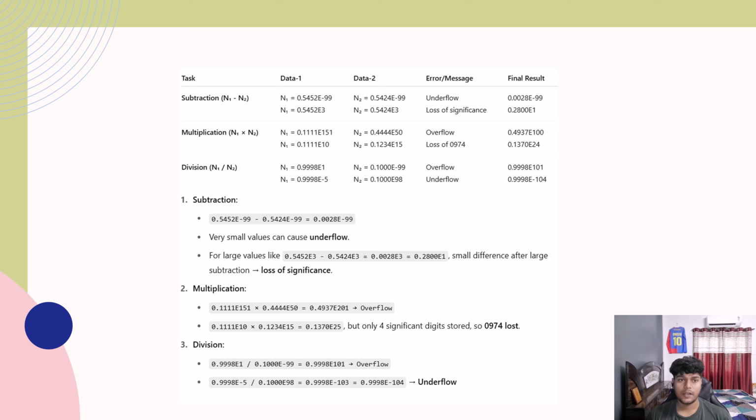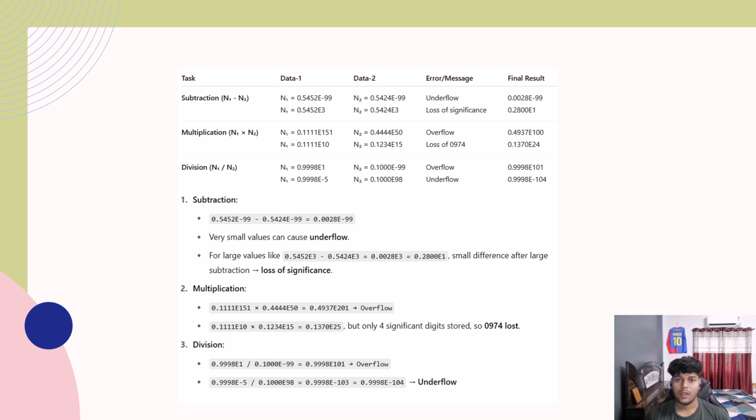First, coming to subtraction. For subtraction n1 minus n2, we first align the exponents of these two numbers, adjust the values accordingly, subtract the values and then normalize the result. The algorithm also checks if the result's exponent exceeds the maximum or minimum allowed, leading to overflow or underflow. In the table, for data 1, subtracting n1 and n2 gives 0.0028 e-99.